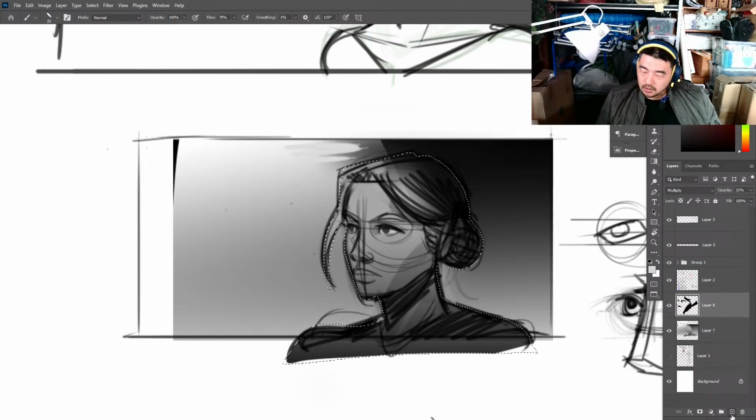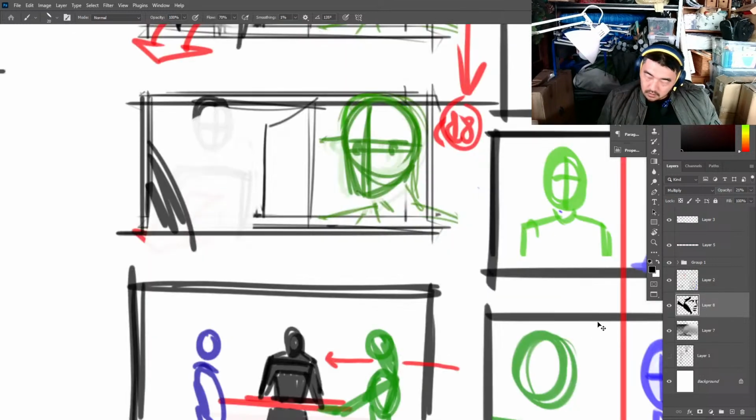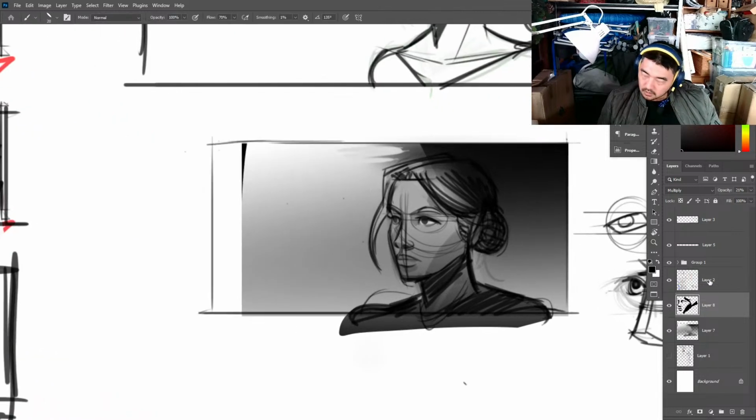So let's say we got that up under the nose, under the lip, under the mouth, inside there. And then after I do that, let's do a screen.